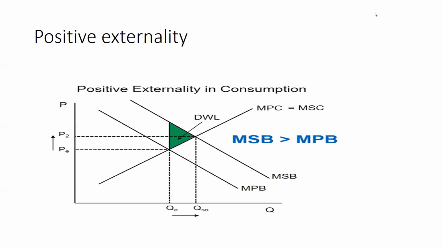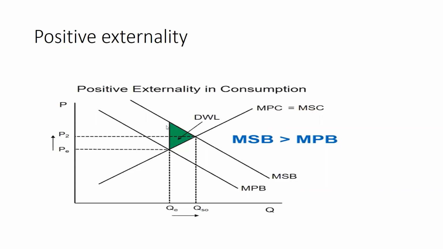Q market is less than the optimal. So we need to subsidize. The subsidy is the market line from MPB to MSB. Okay, so that would be after the subsidy, deadweight loss would disappear and you'd have no deadweight loss.